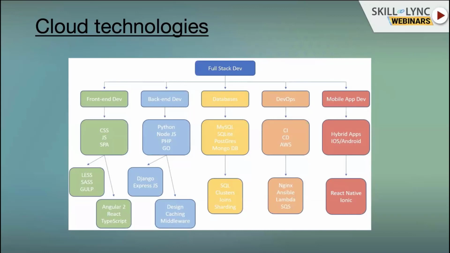In SPAs you have frameworks called Angular and React, and that uses TypeScript. There are a couple more technologies with which you write scalable or maintainable code according to industry standards, and that also gets converted into HTML, CSS, and JavaScript. So that is on the front end.